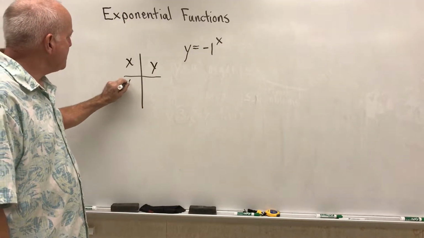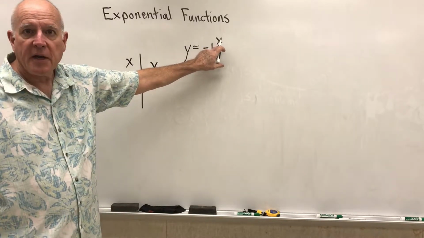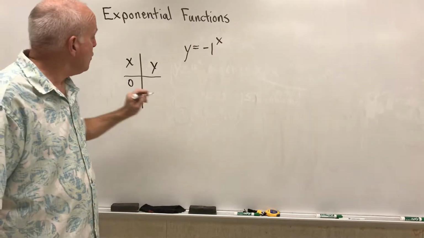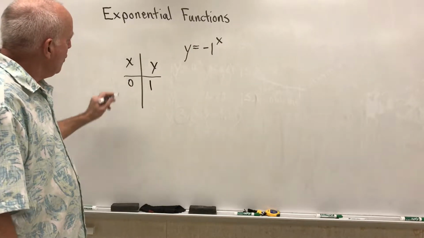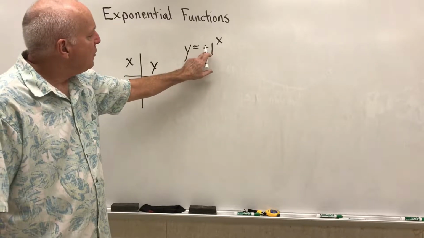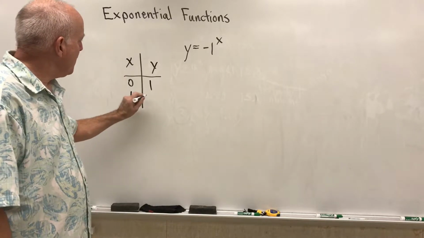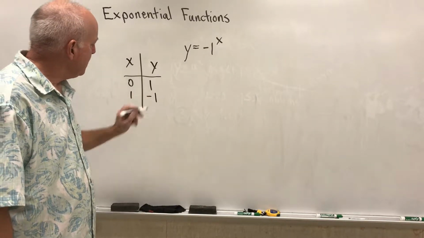So when x is 0, any number to the 0 power is 1. It's not negative 1, it's 1. When x is 1, we've got negative 1 raised to the first power, which is just itself. So when x is 1, y is negative 1.